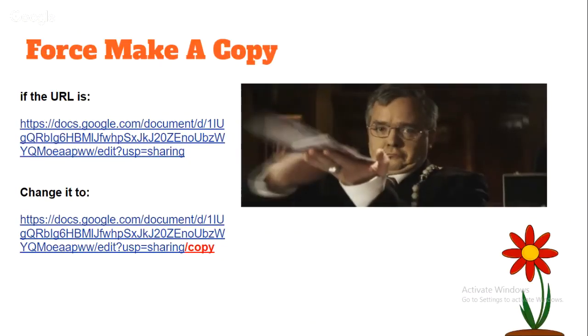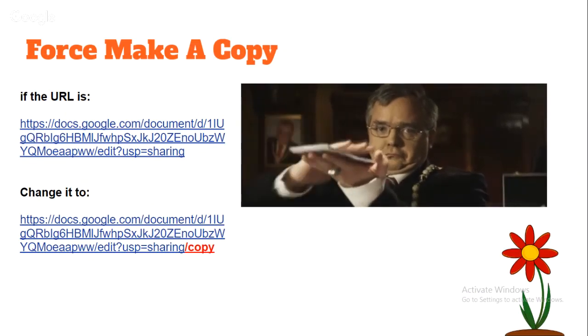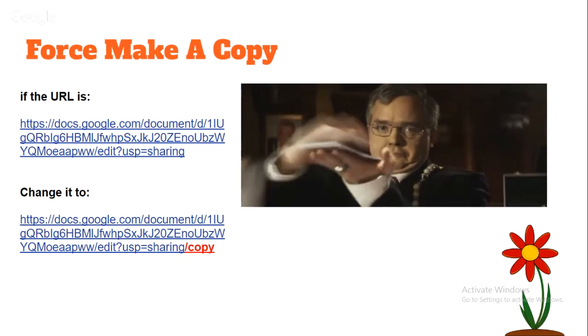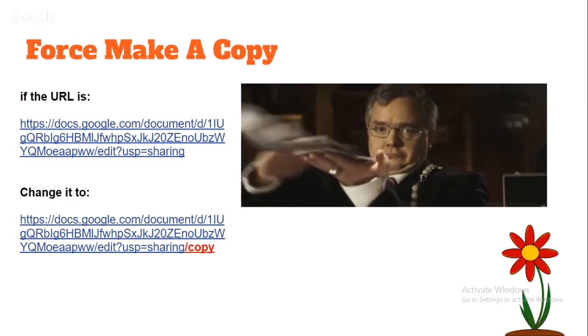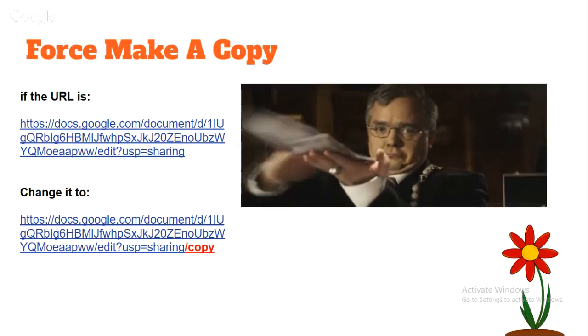Another thing, and this can be really handy if you're sending out an email or if you're in a classroom and you just want to make sure that they just get a copy of it. That way they can save a copy and do what they want with it. You can force make a copy. So this is simple to do.